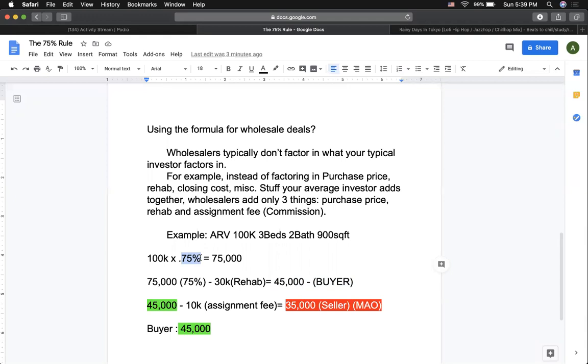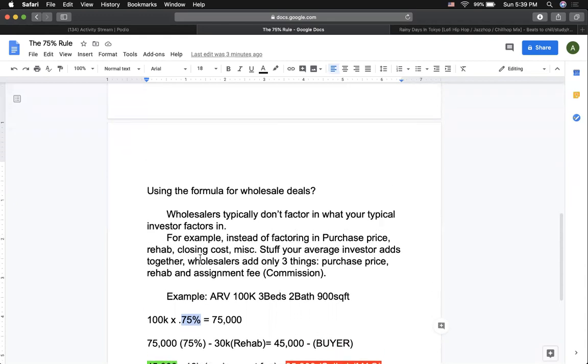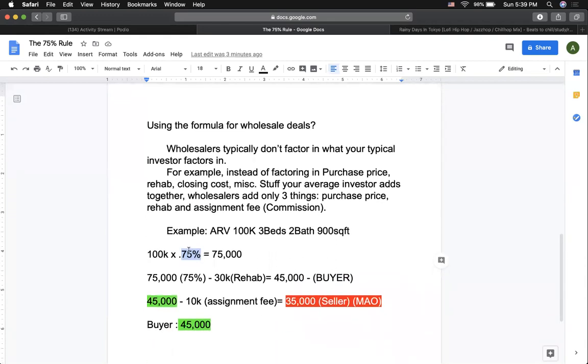So I encourage you to use 75% as a secondary option. Your first option, what we do here at Hedgehog Investments, we factor in 70%, because when you're working at 70% on the front end with the seller, and you sell it on the back end as a 75% deal to the buyer, that extra 5% you're not factoring in with your seller is additional income and profit that you can make.